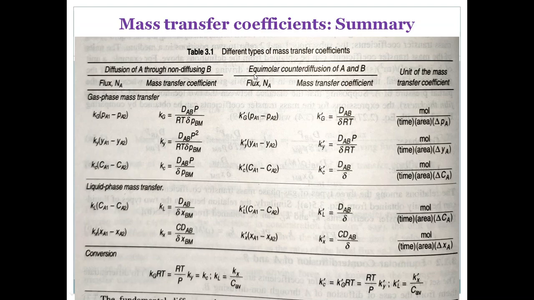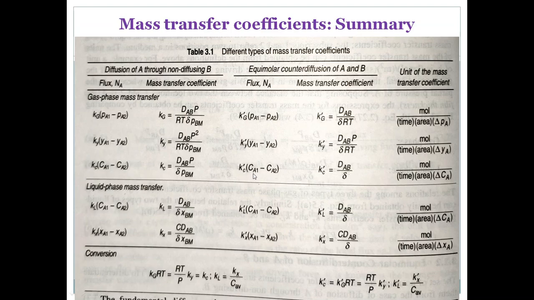Similarly, we calculated for equimolar counter diffusion, where all are primed. Kg prime has the partial pressure difference as driving force, and this was its expression. Ky prime has mole fraction as the driving force.